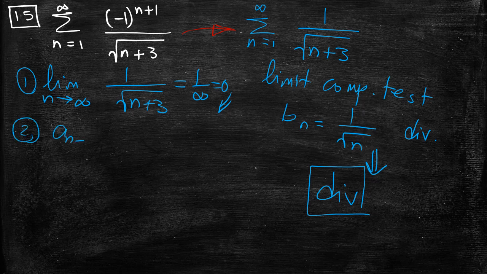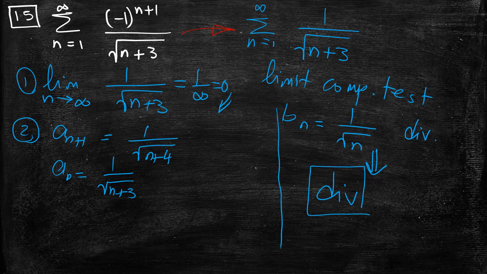Second condition, I will get a(n+1), which is 1 over the square root of n plus 4, and compare an with 1 over the square root of n plus 3. Again, we understand. Let's put it here in another color. n plus 4 is greater than n plus 3.